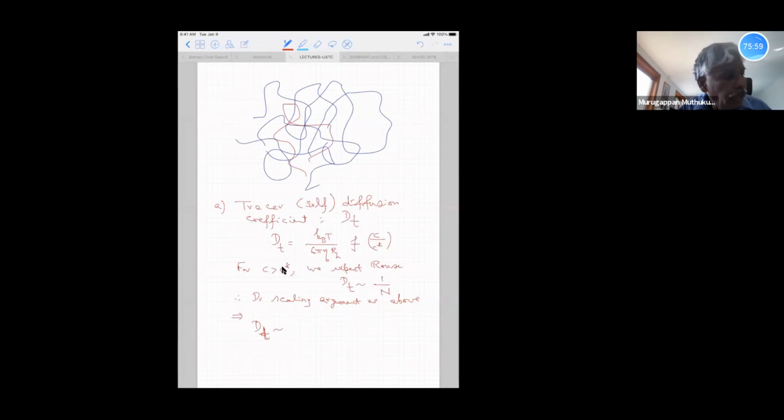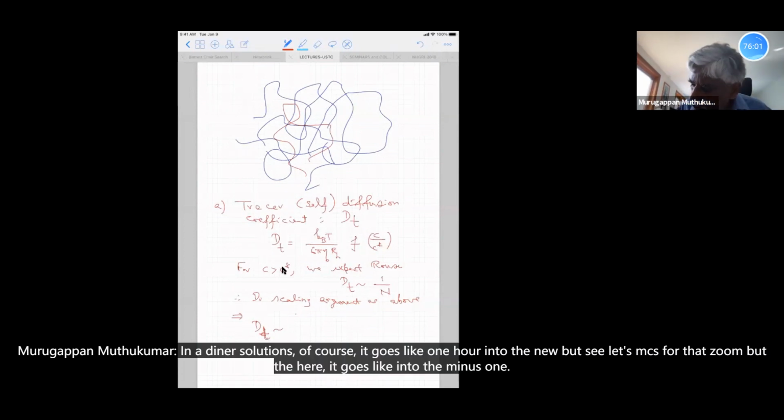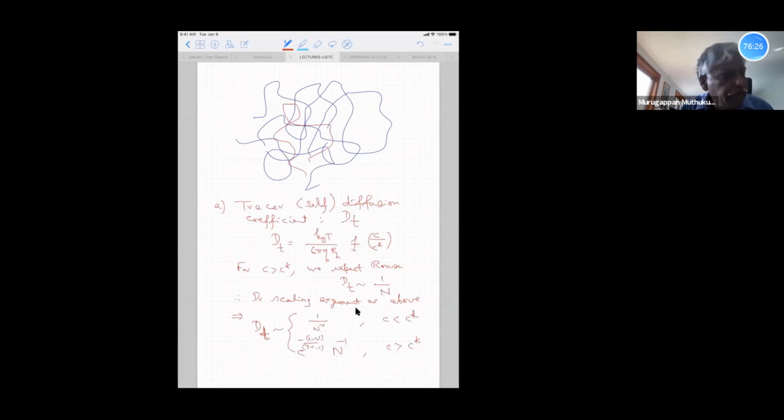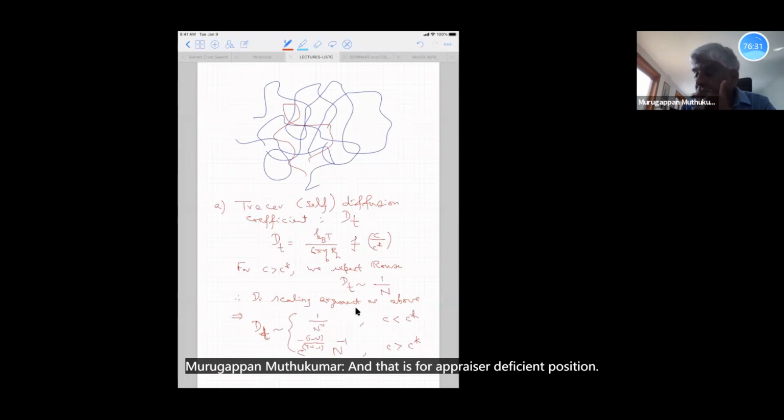DT goes like, in dilute solutions, of course, 1 over n to the nu for C less than C star, that's Zimm. But here, it goes like n to the minus 1 for C greater than C star, because that's what we are putting in as an input. The concentration dependence in general goes like concentration to the power (1 minus mu) divided by (3 nu minus 1). And that is for a tracer diffusion coefficient.